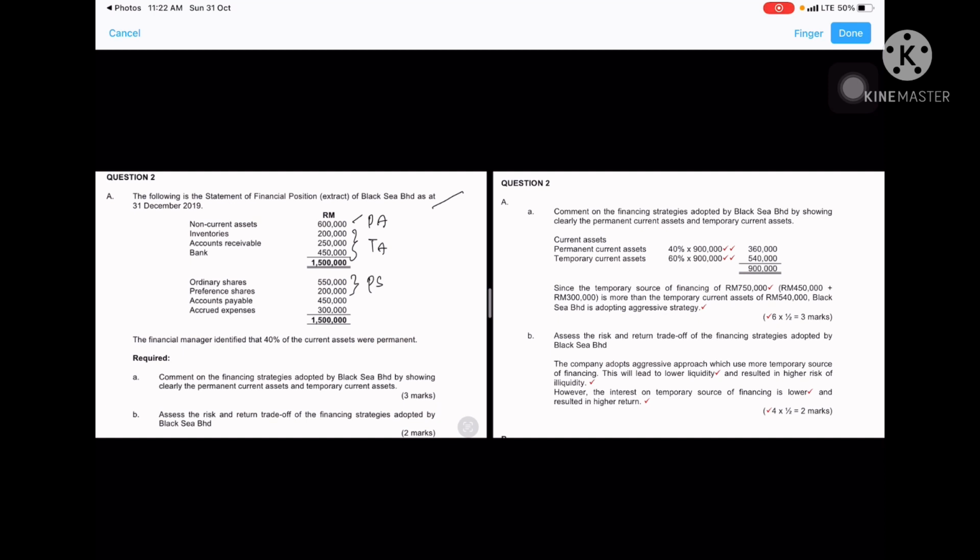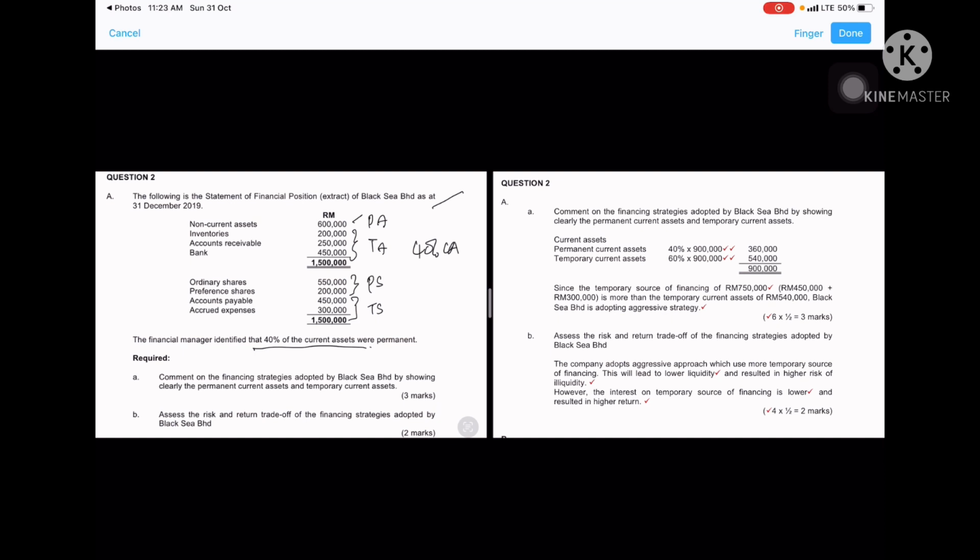Account payable is temporary sources and accrued expenses is spontaneous, so this one is considered as temporary sources. The financial manager identified that 40% of the current assets were permanent. So 40% of the current asset are permanent.